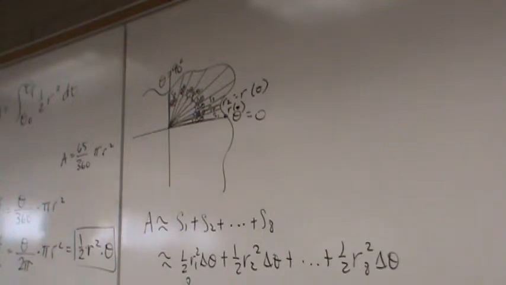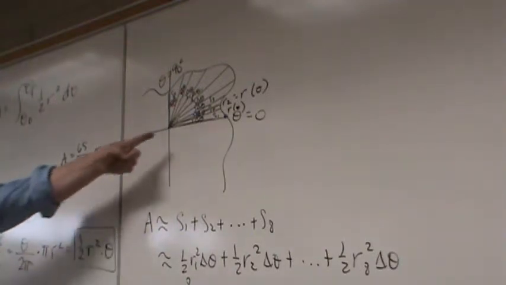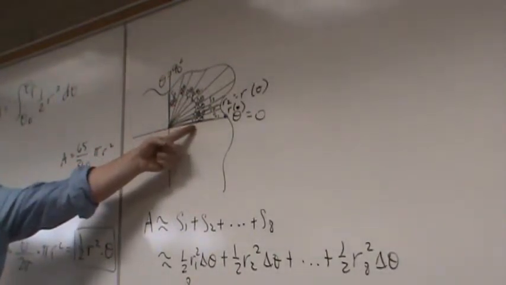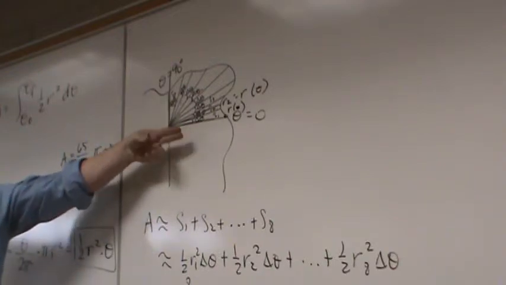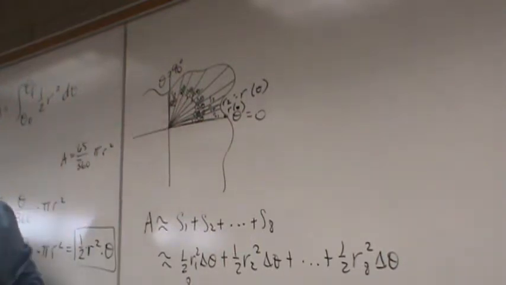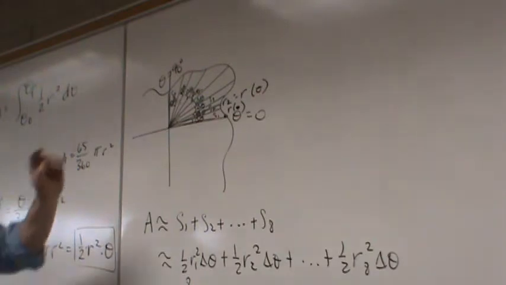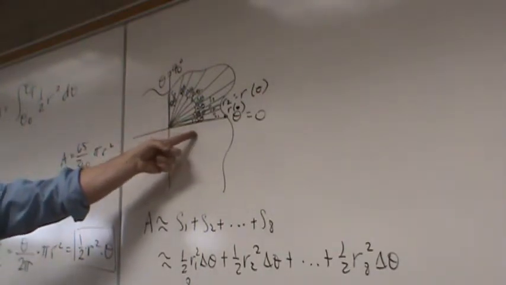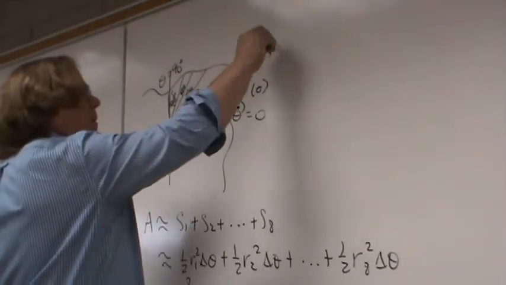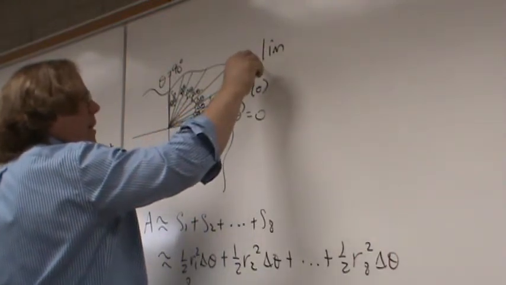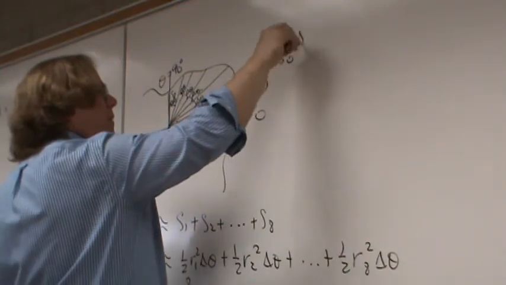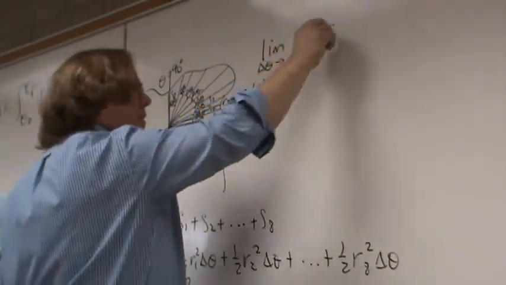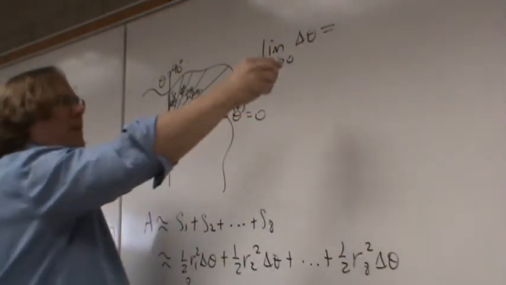But you know what comes next. What am I going to let delta theta get really, really close to? Yeah, 0. I'm not going to make 8 sectors. I'm going to make 8 million sectors, 8 billion, 8 trillion sectors, with delta theta getting really, really close to 0. And as delta theta gets closer and closer to 0, what does it magically turn into?